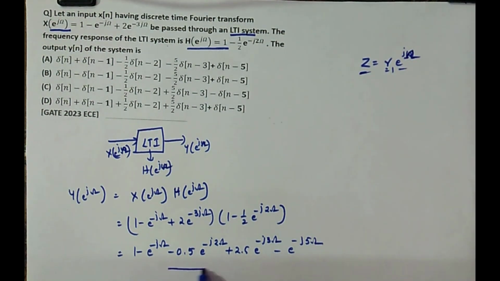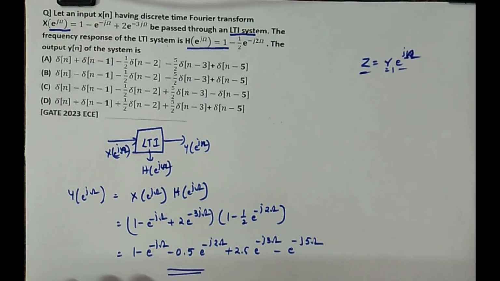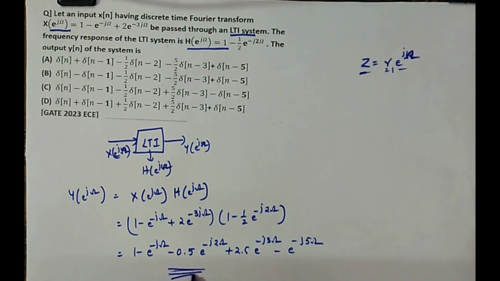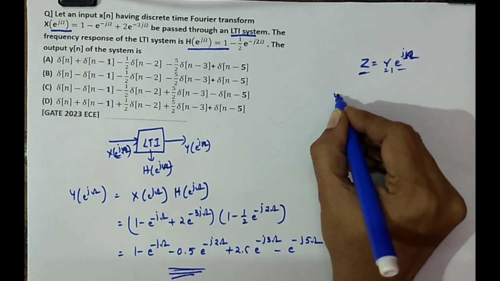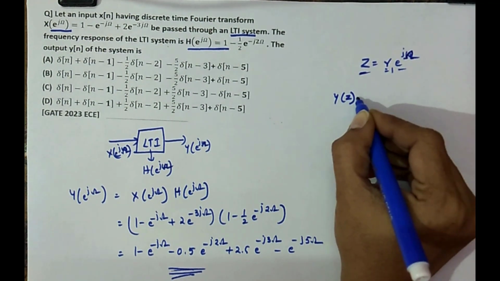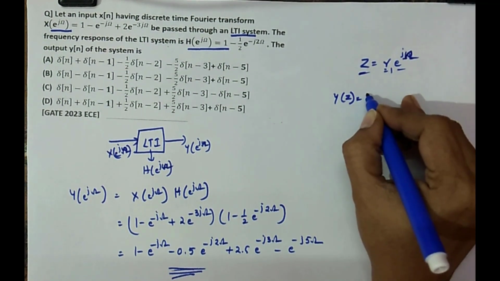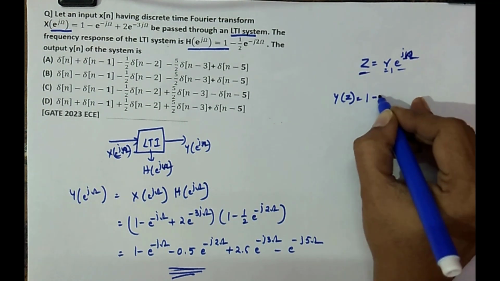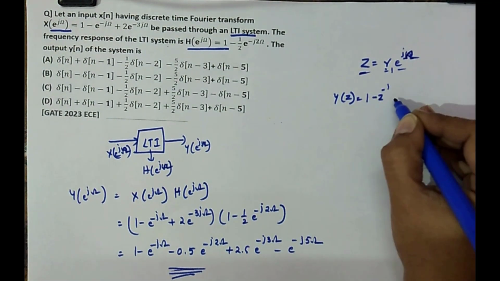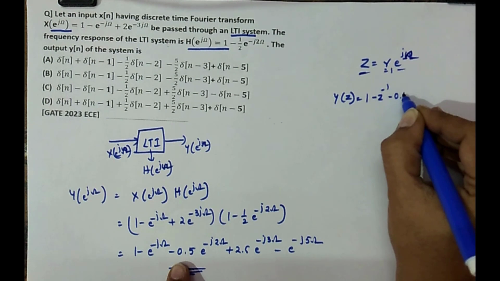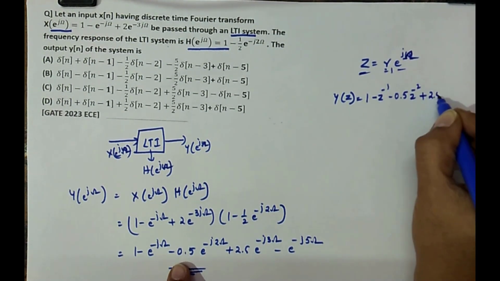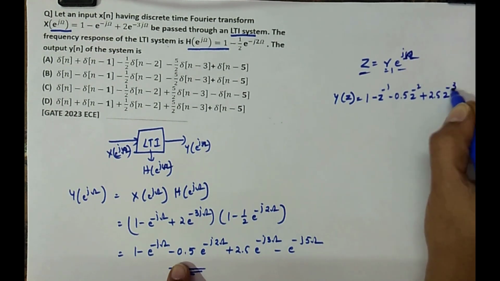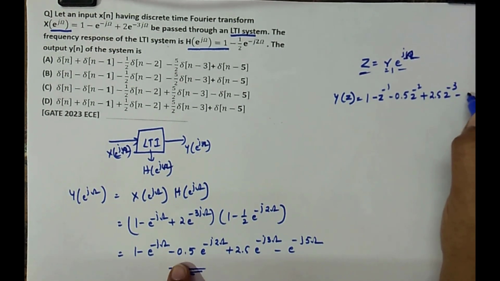So now if you write this expression in terms of z, your y of z is equal to 1 minus z power minus 1 minus 0.5 z power minus 2 plus 2.5 z power minus 3 minus z power minus 5.